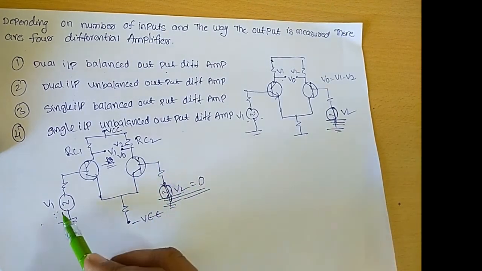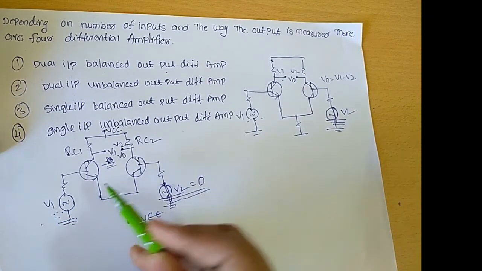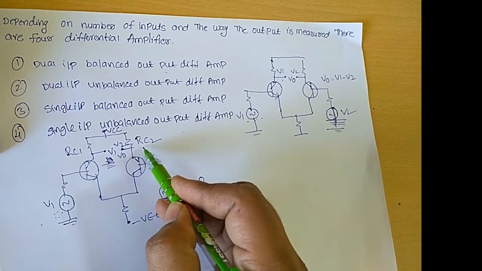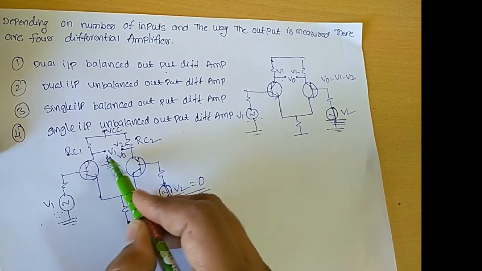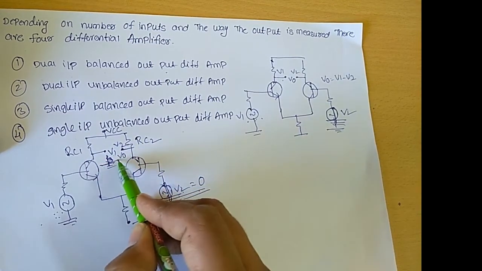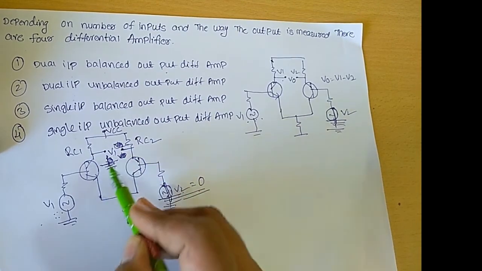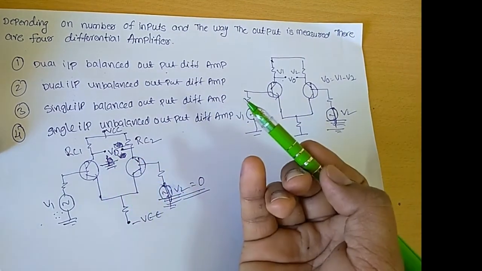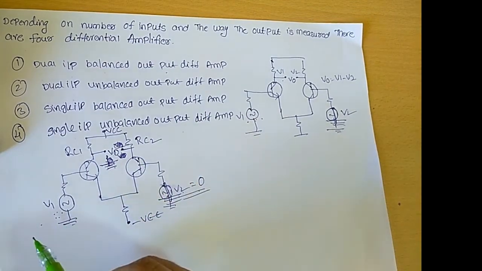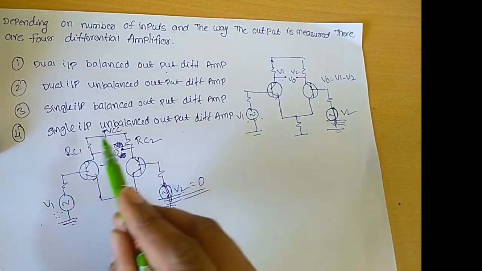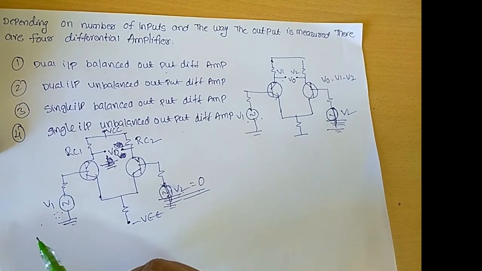Therefore, here we apply only a single input voltage and we collect the output at any one of the collector terminals with respect to ground. For example, in this circuit we collect the output here, and here V2 is not connected. Therefore, V0 equal to V1 only. So this circuit is considered the single input unbalanced output differential amplifier.